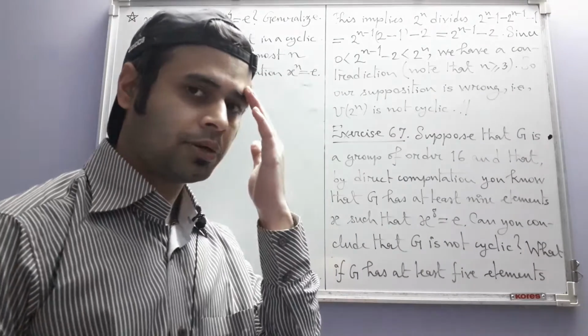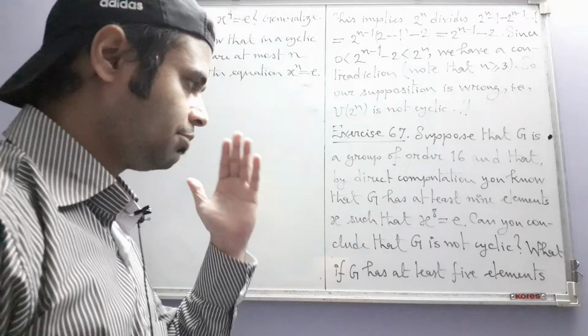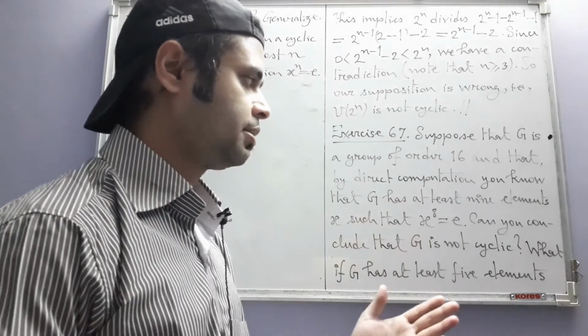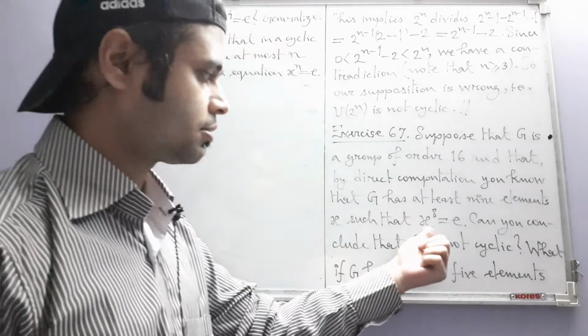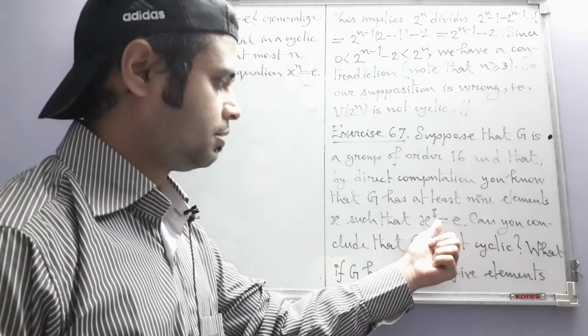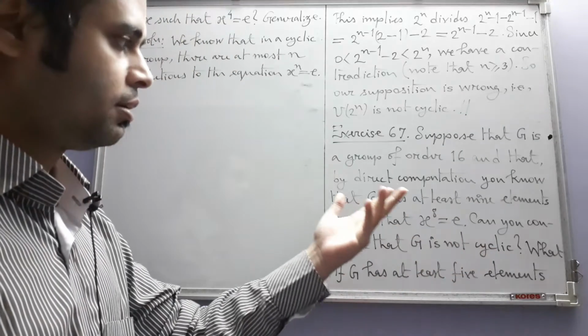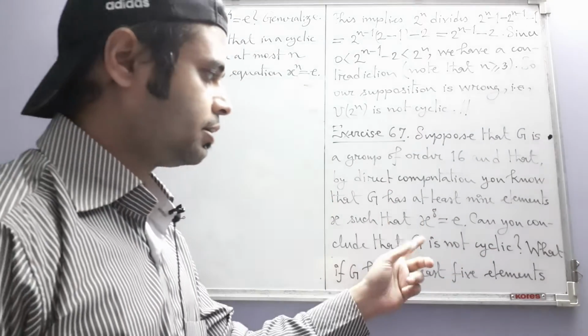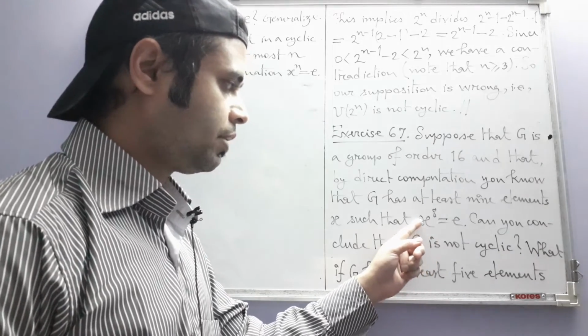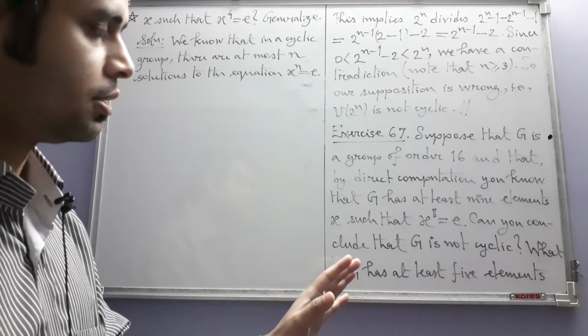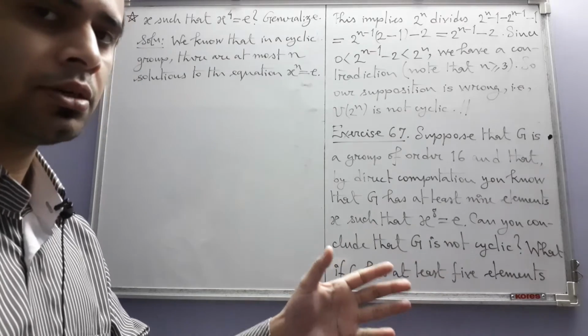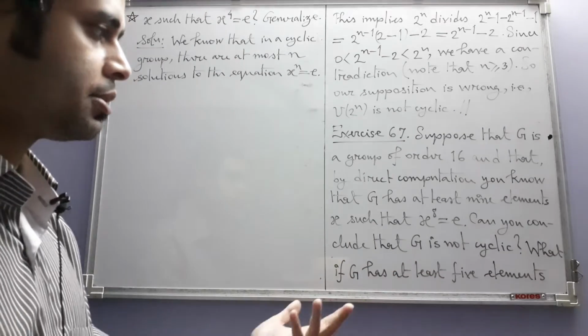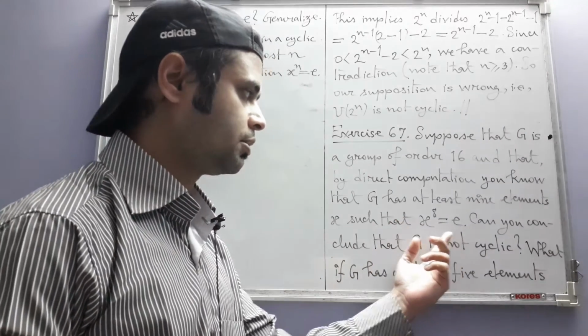So if we already know that there are at least 9 different solutions to this equation, then it cannot be cyclic, because had it been cyclic, there would be at most 8 different solutions. The actual number of solutions may be less than 8, but at most 8 different solutions to this equation.